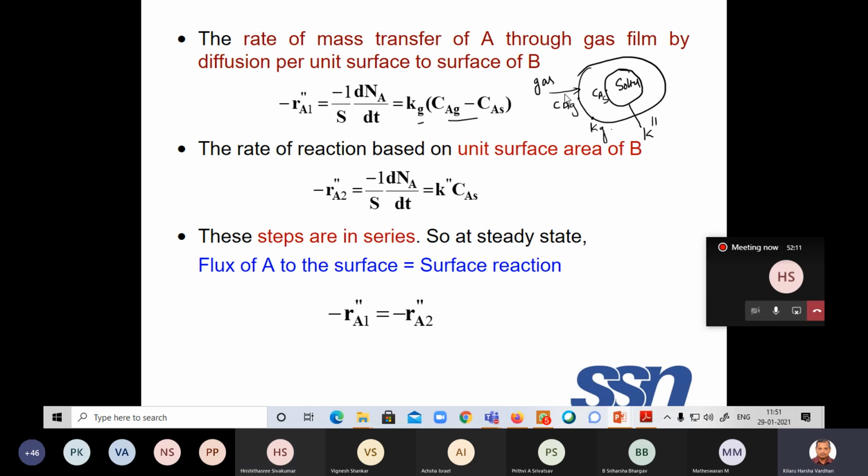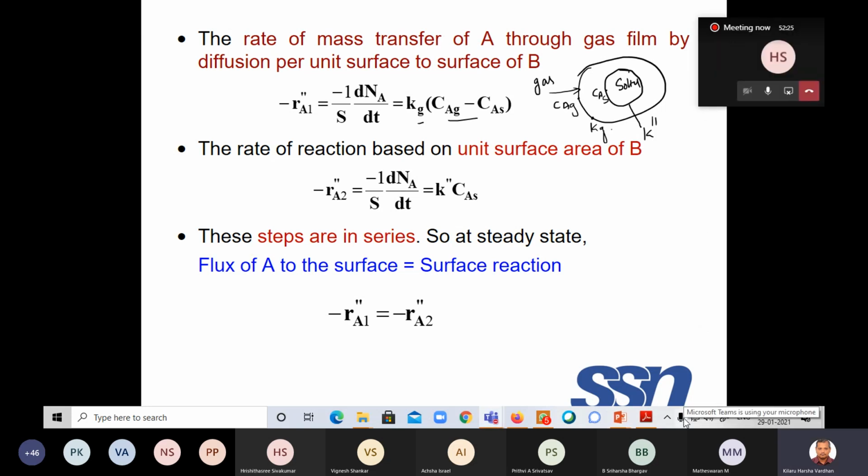Yes, sir. If there is no resistance in this particular phase, if there is no resistance in the liquid phase, let it be a slurry. Let us assume our particular thing here is the gulab jamun, and this is the liquid, the syrup, and G is the gulab jamun.